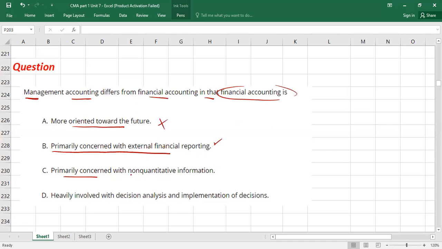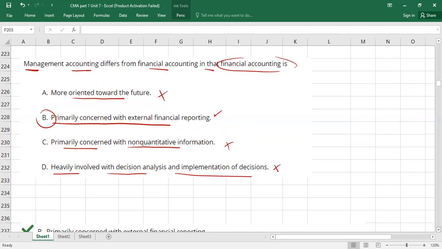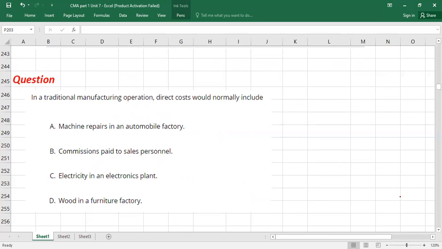Primarily concerned with non-quantitative information? No, it includes quantitative information also, digits, I mean, dollars, pounds. This is also incorrect. Heavily involved with decision analysis and implementation of decisions? Maybe management accounting is heavily involved there, not financial accounting. Which is the correct answer? B is the correct answer. Right? Now I'm going to show you another question.